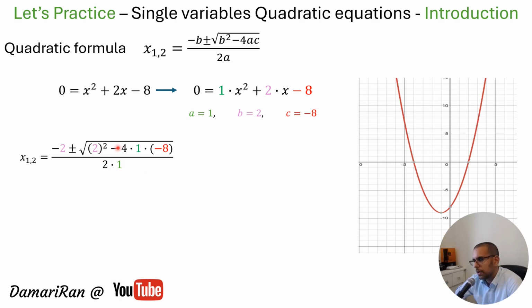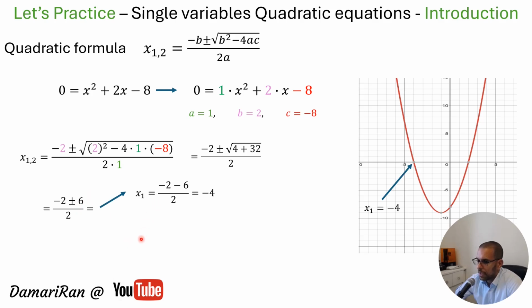2 to the power of 2 is 4, and -4 times -8 is 32, right? So we have 4 plus 32 is 36. The root of 36 is 6. And then let's utilize first the minus sign.